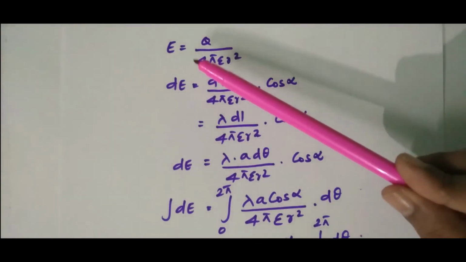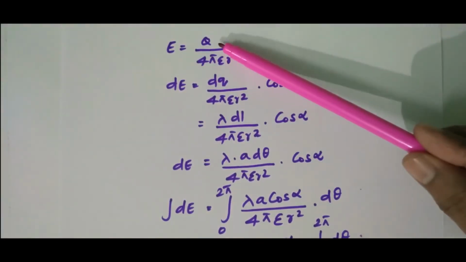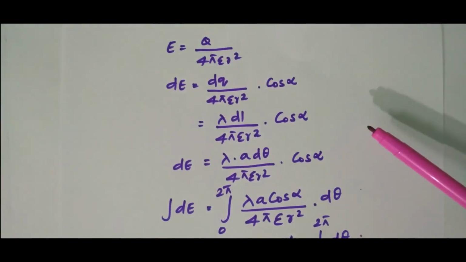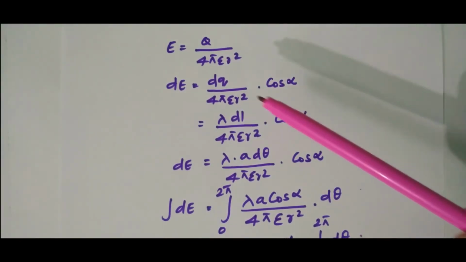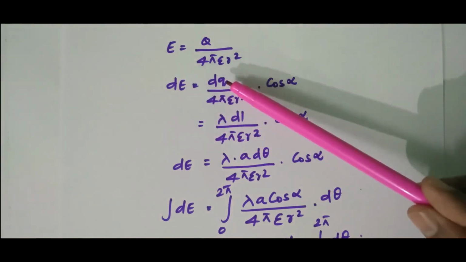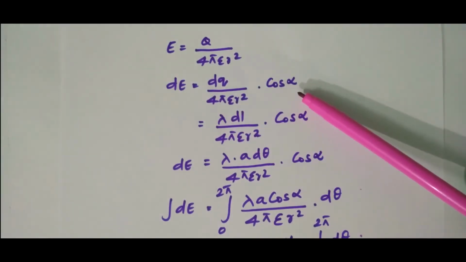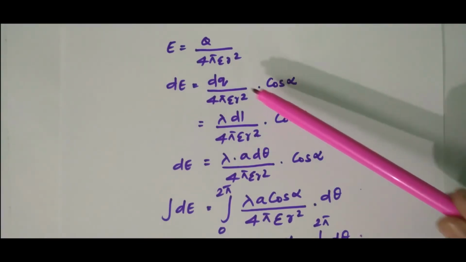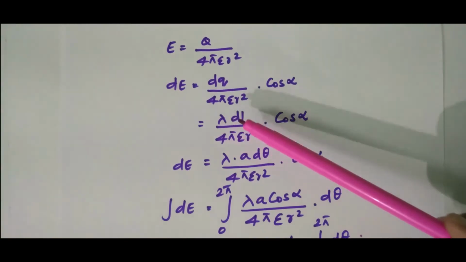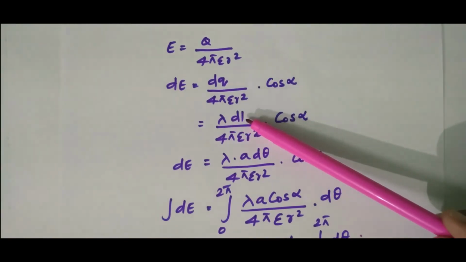We know that electric field intensity E equals Q divided by 4 pi epsilon R square. Due to a small charge, it becomes dE equal to dQ divided by 4 pi epsilon R square. Only the horizontal component is available, so we multiply by cos alpha. The dQ can be replaced by lambda into dl, the linear charge density.